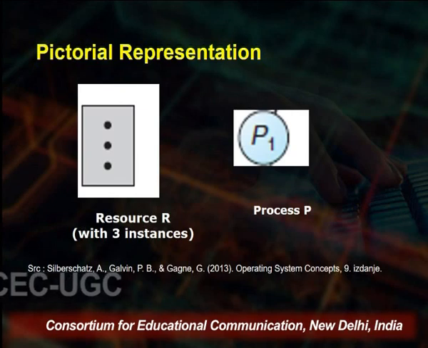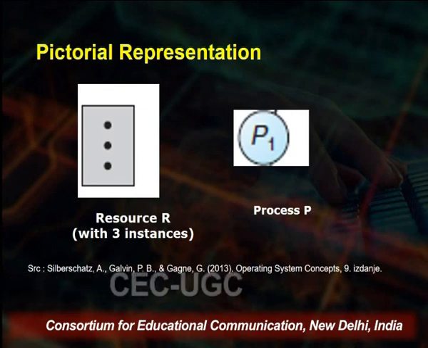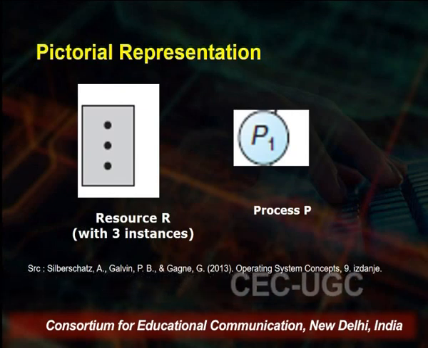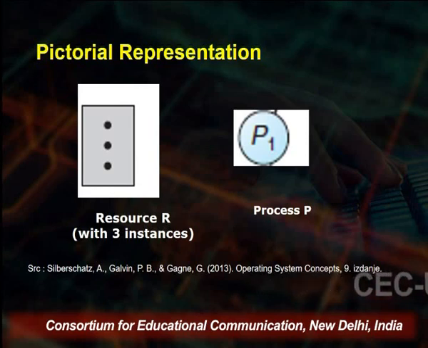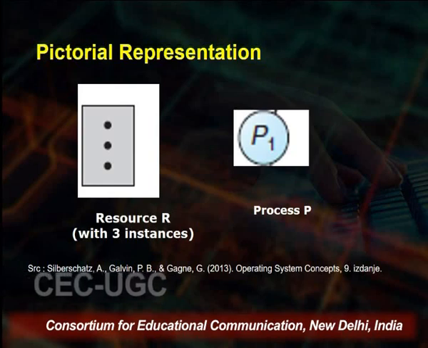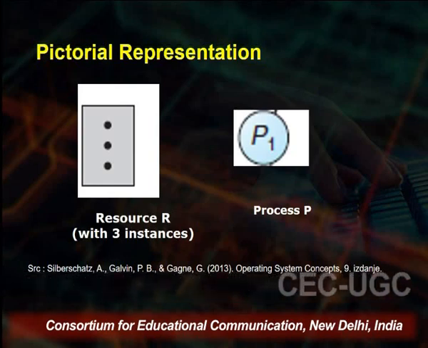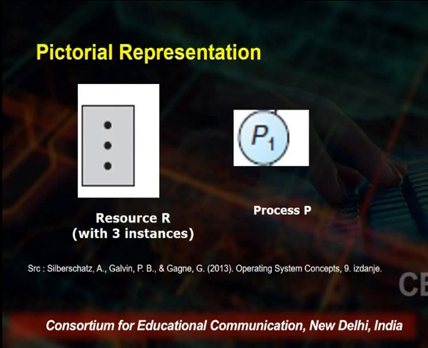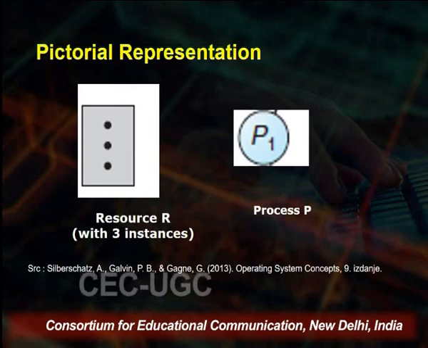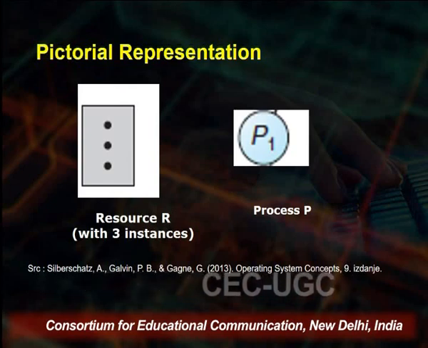So this means that there are 3 instances of the resource in the system, and there is a circle which shows the process P. So circles show the processes and the rectangles show the resources, and within the rectangle the dots will show the instances of the resource which are available in the system.